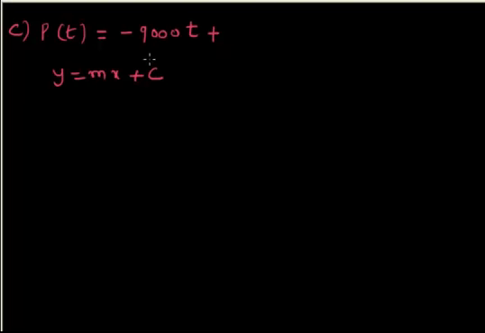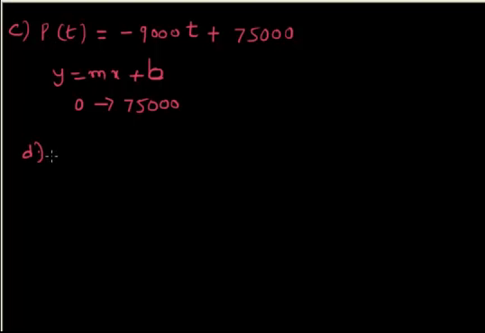C, or you can call it b, is the intercept. In the table, the value corresponding to 0 is 75,000. This is nothing but the y-intercept, the value of b, the value corresponding to 0. So this is the functional relationship between P and T.